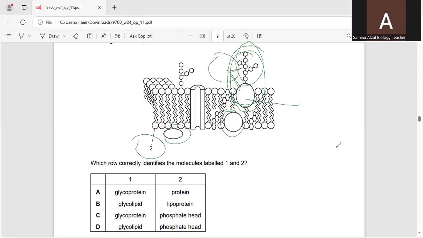So this is the glycoprotein. And this is the phosphate head. So the answer is: 1 is glycoprotein and this is the phosphate head.